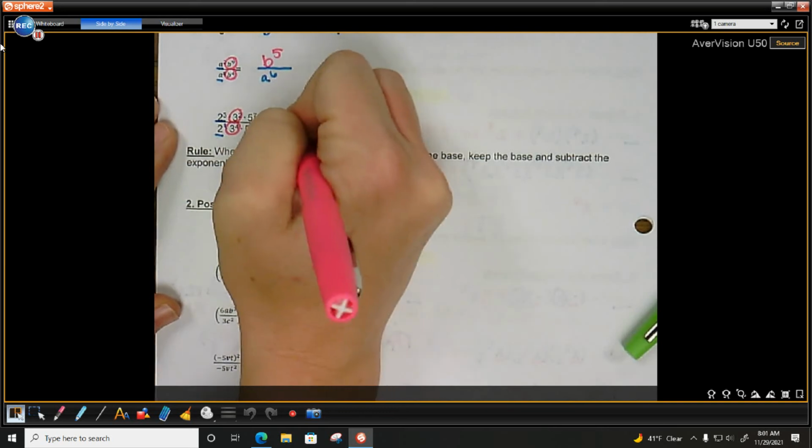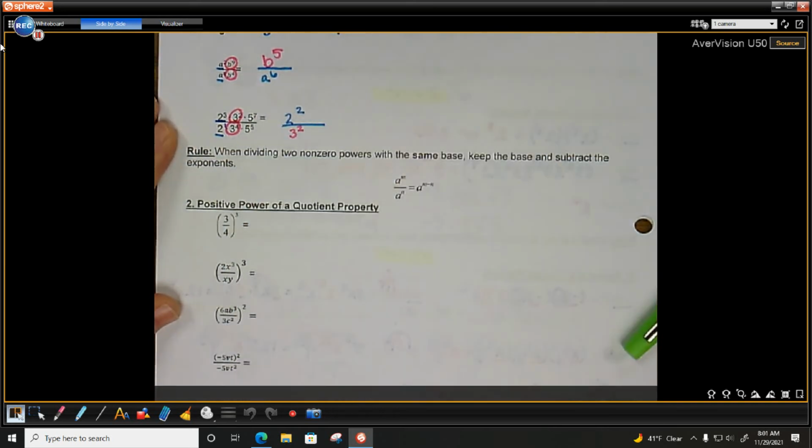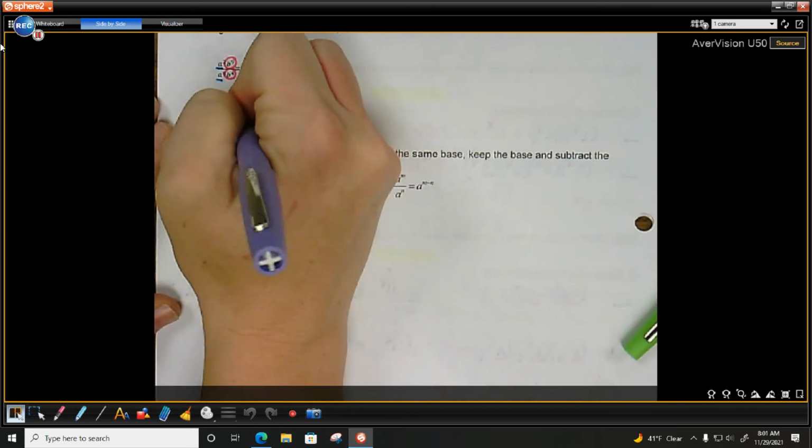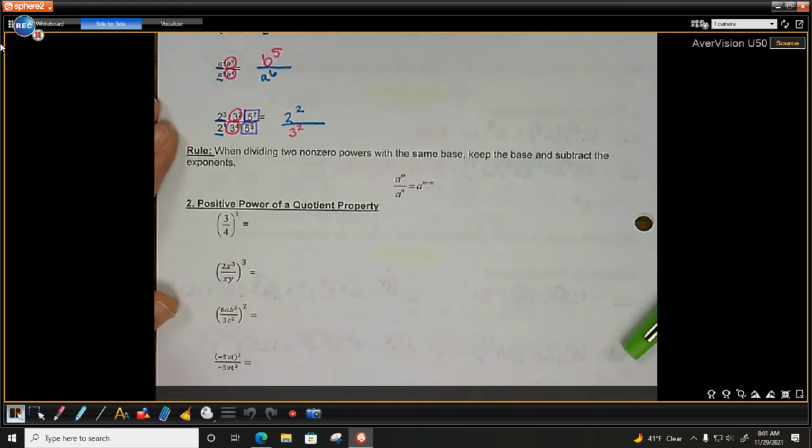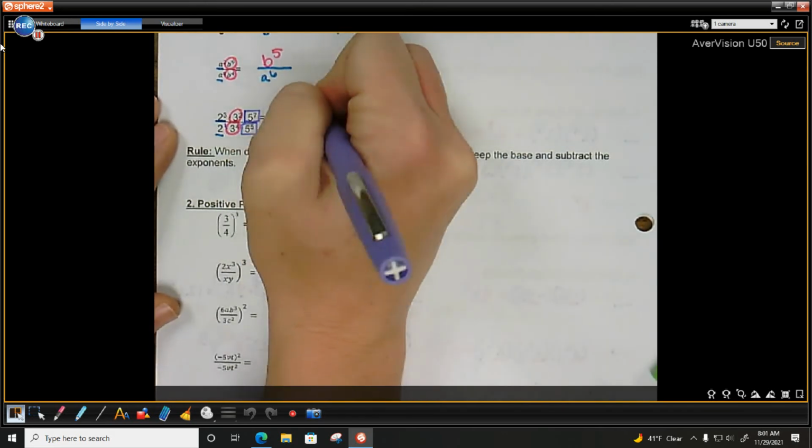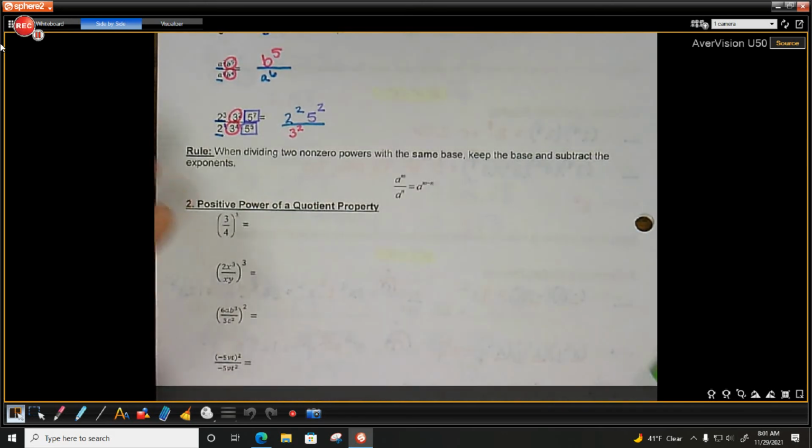Are there more 5's on top or bottom? Top. By how much? 7 minus 5? 2. So 5 to the 2nd power. Now we want to simplify this. Okay? What is 2 times 2, or 2 squared? 4.